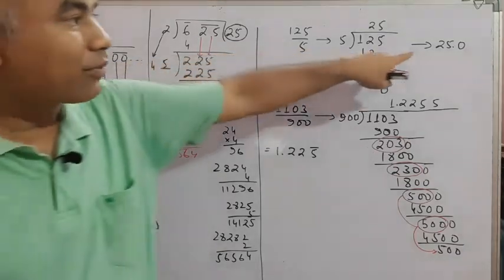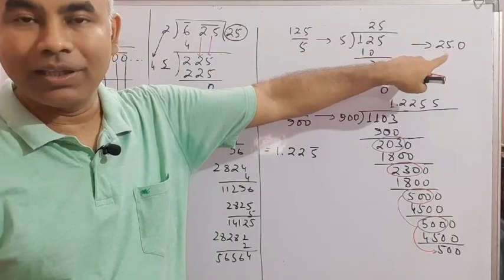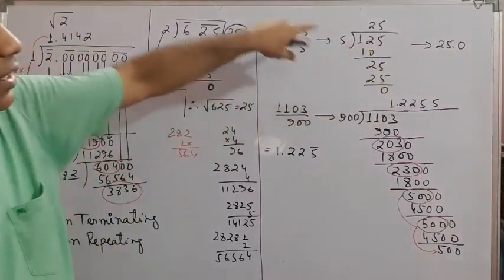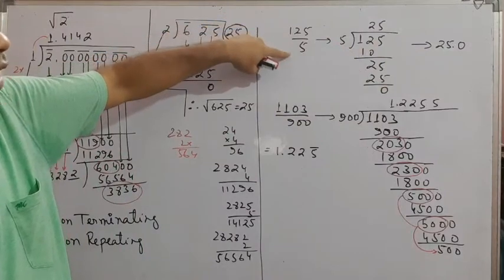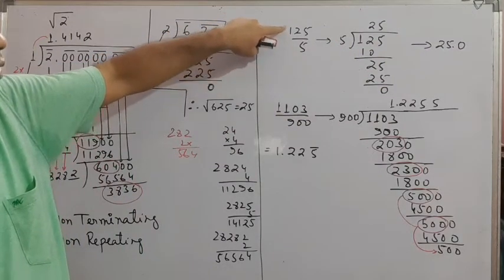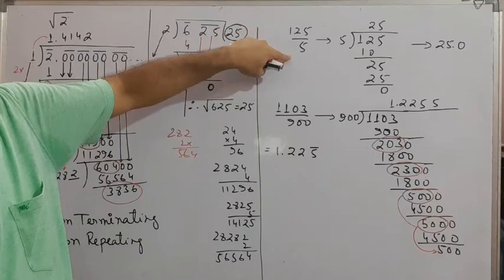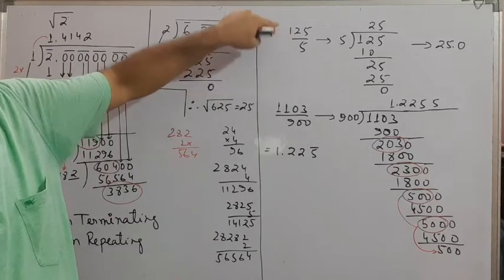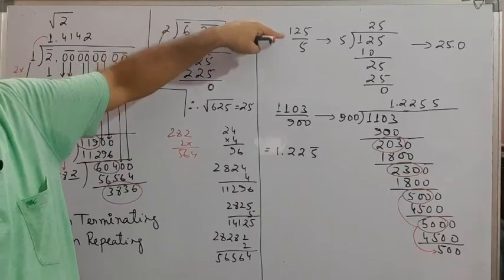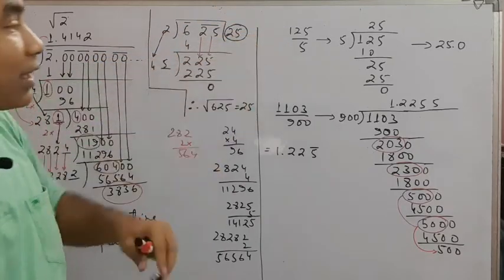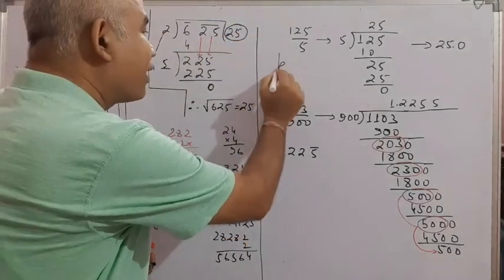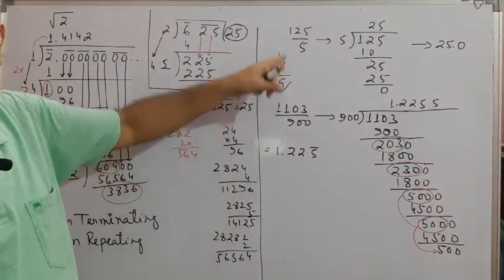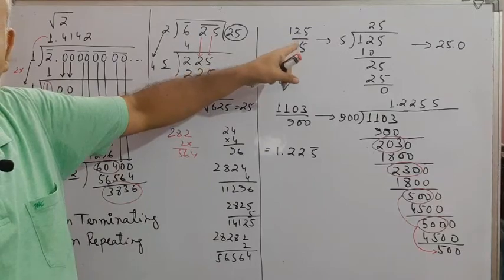So again let us see this one. When your answer was 25.0, that means when it was a terminating decimal, it was actually the decimal expansion of 125 by 5, which is in the form of an integer by a non-zero integer, that means p by q, so it is a rational number.